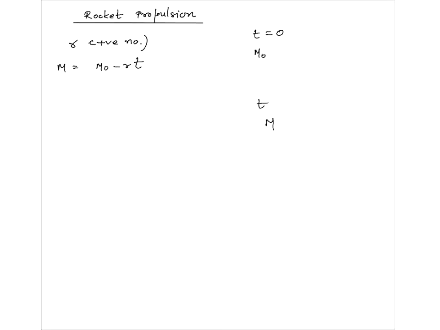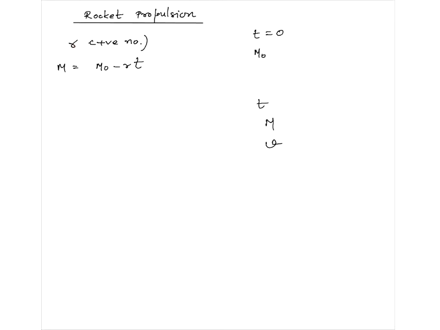Let's say at time t, the speed is v, and just like we assumed R to be constant, let's also assume that with respect to the rocket, exhaust, or gas, ejects at a constant rate.